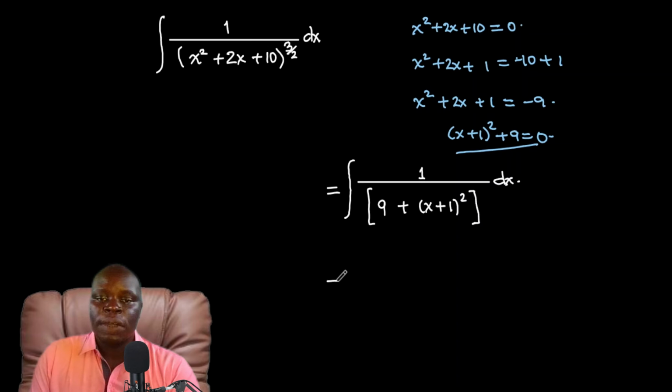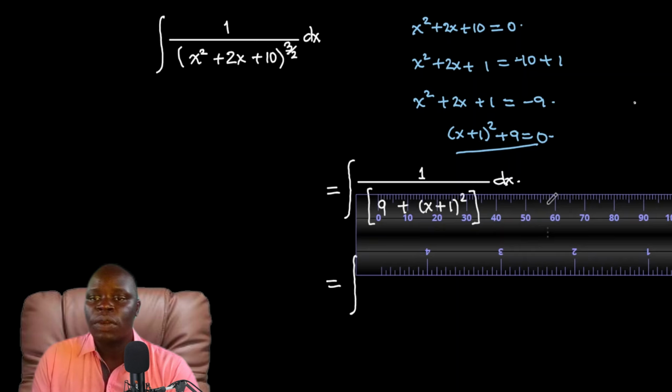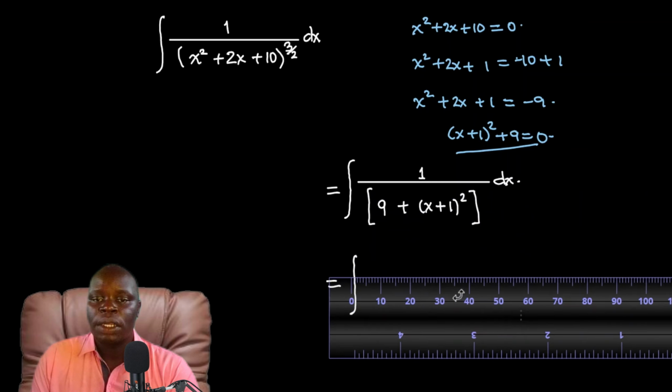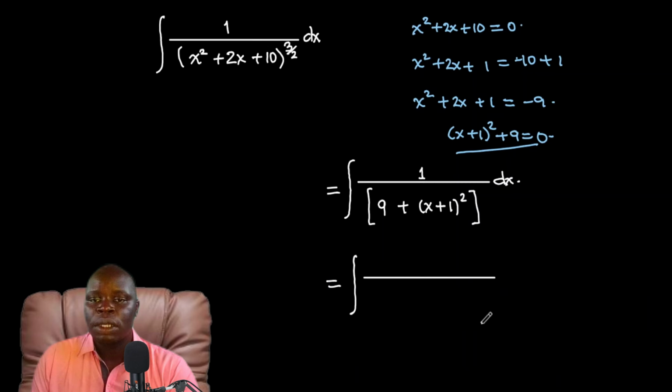And the next step is to factor out 9 so that we obtain 1. So we go ahead and do that here, still maintaining our numerator as 1. And this is with respect to x.